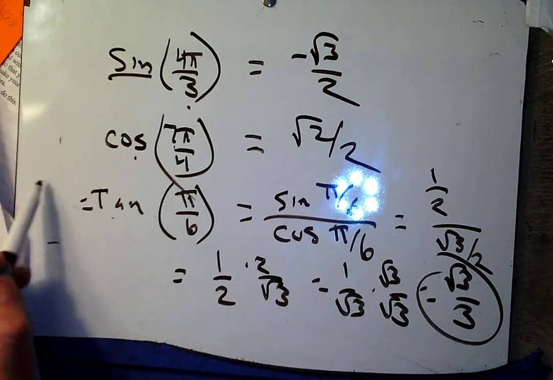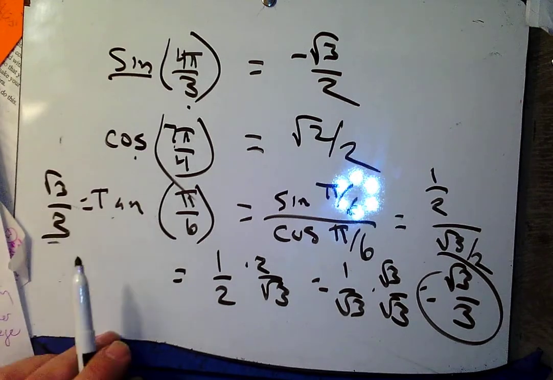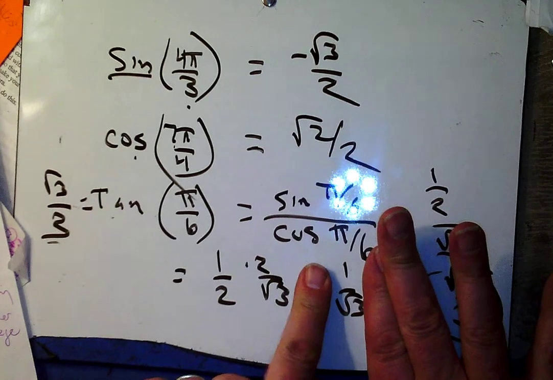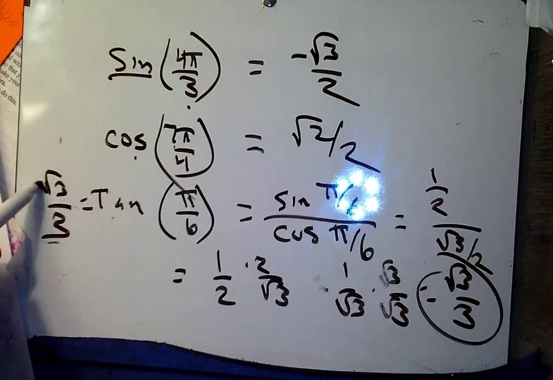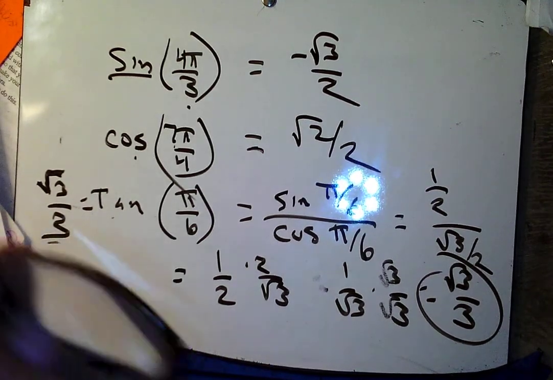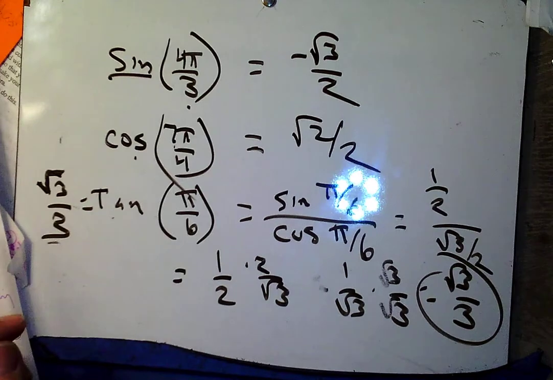So the tangent of pi over 6 is root 3 over 3. I wouldn't mark 1 over root 3 wrong on one of our tests, but my guess is that if you take like the U of A placement test, you're going to be seeing the situation where they have rationalized everything for you. Okay? All right, so that's those.